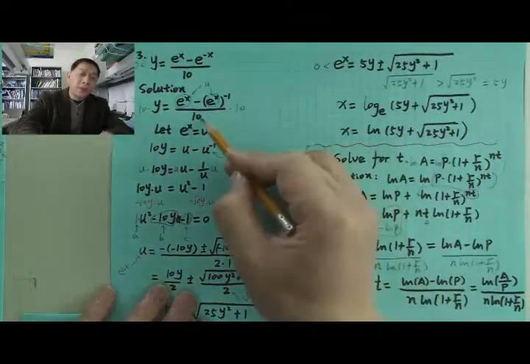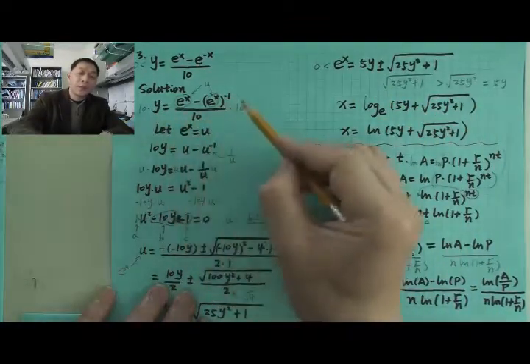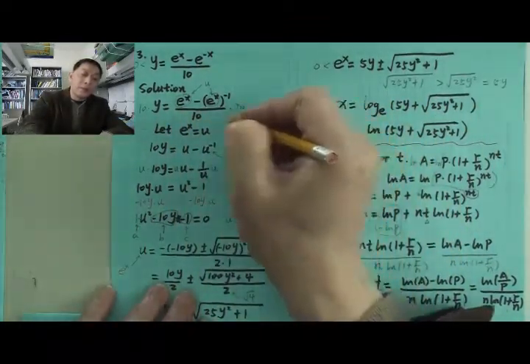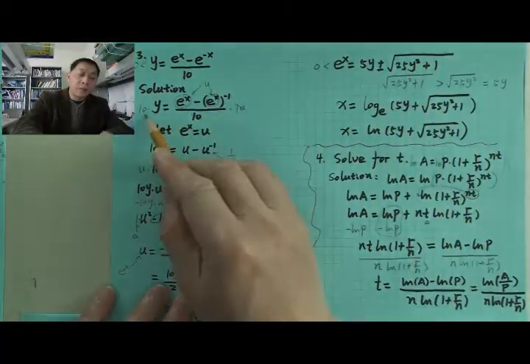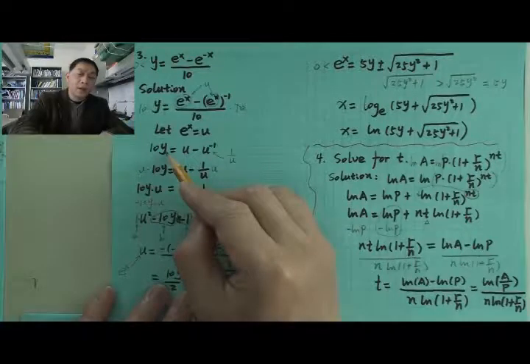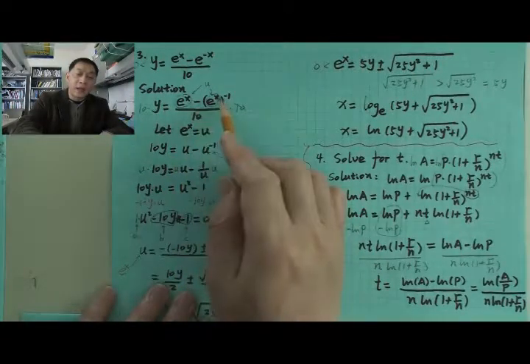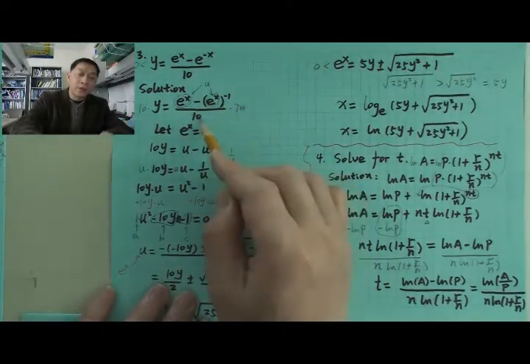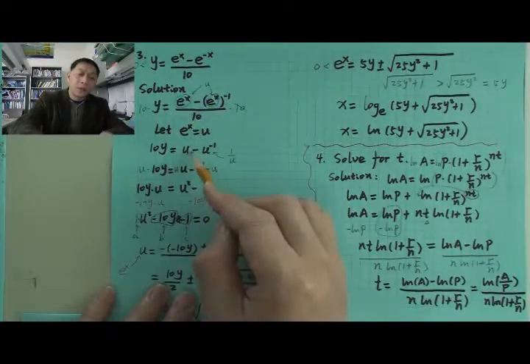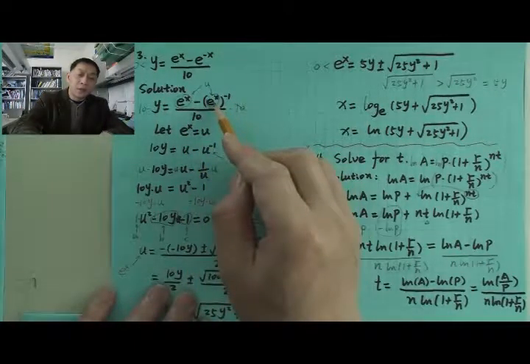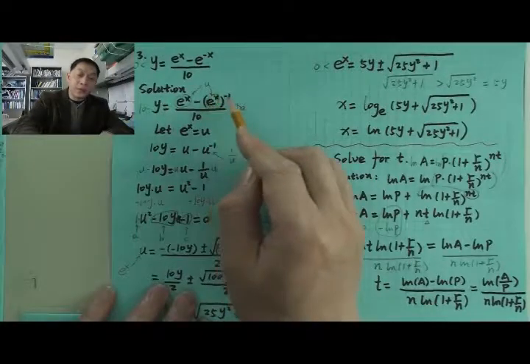We also don't like the denominator 10, so both sides multiplied by 10, you cancel that. The left-hand side, 10 times y is 10y. The right-hand side, you cancel those two. Here is e to the x, which is u. And here e to the negative x is u to the negative 1.